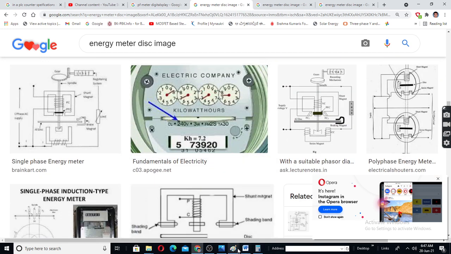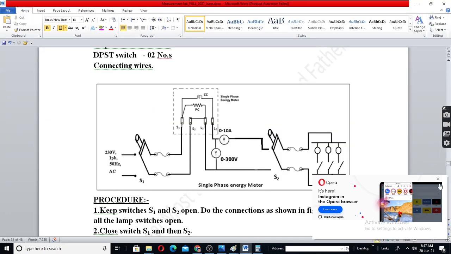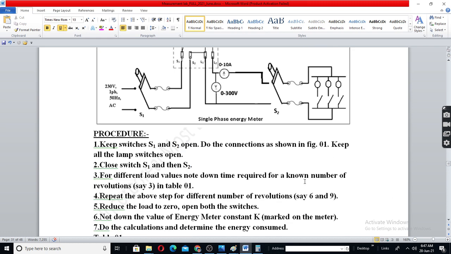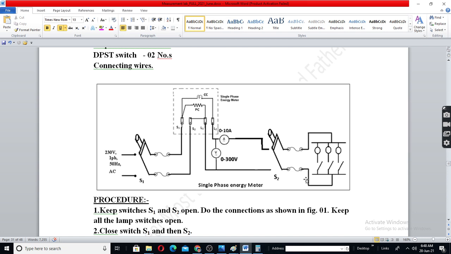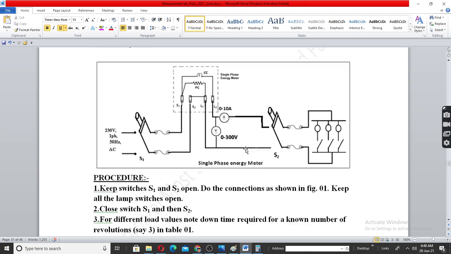Now, let us go to the experiment. Load, supply, and meters: always, load will be at one end, supply will be at the other end, and meters will be in between.